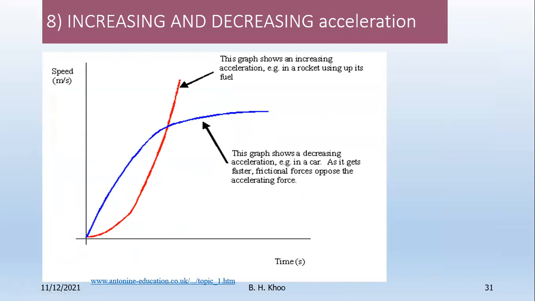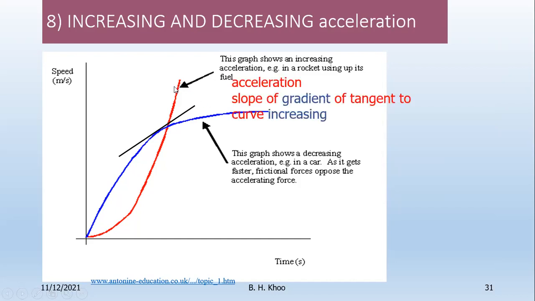Increasing and decreasing acceleration. You should be able to recognize this is a speed time graph or velocity time graph. The same, we always look at the gradient of the tangent to the curve. So for the red one, the slope is increasing, so the tangent is increasing, so it's accelerating.